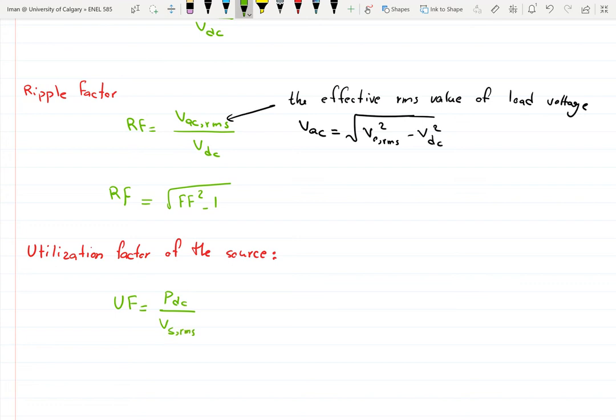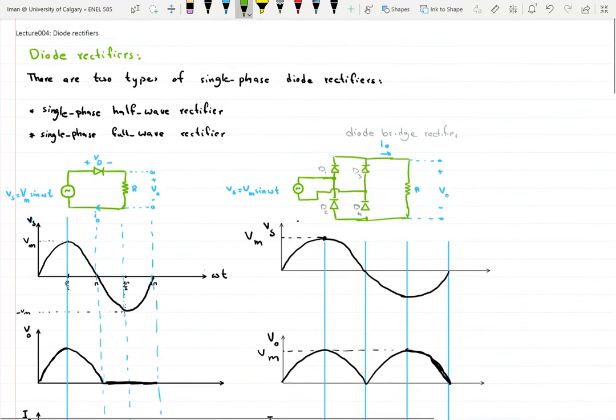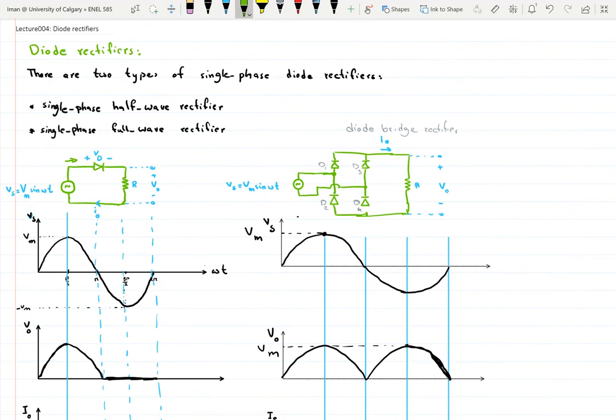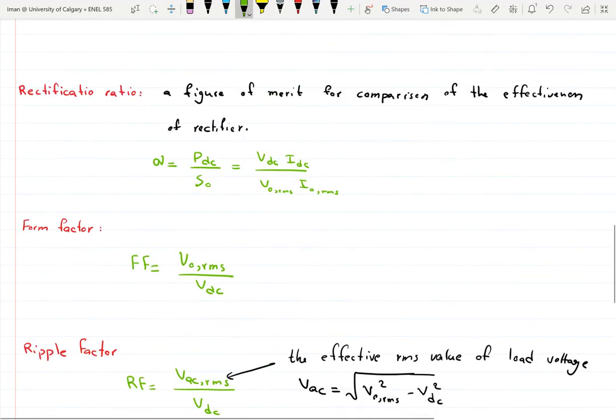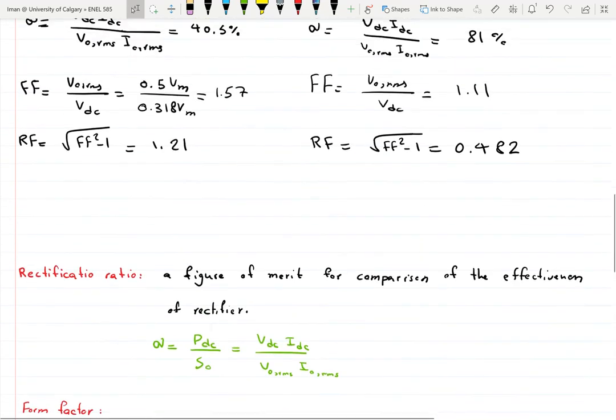Vs was the input voltage, and Is RMS, which is the input RMS current. Did we define Is here? Oh, we didn't. So okay, Is is here, and Is is here. So the utilization factor is basically how well we are utilizing the source. Obviously, we expect a low value for the half wave and then a higher value for the full wave.